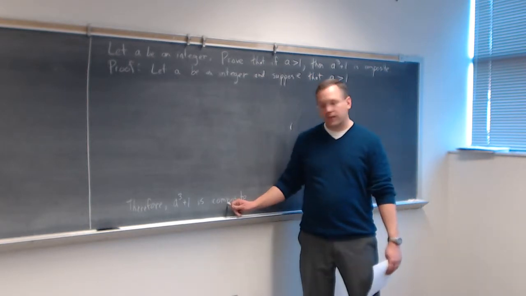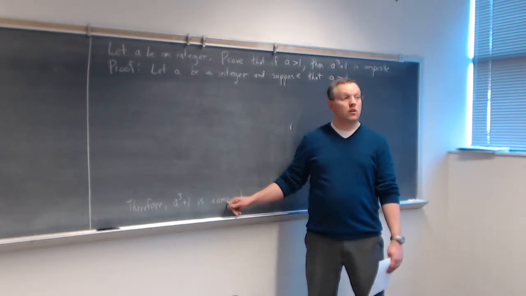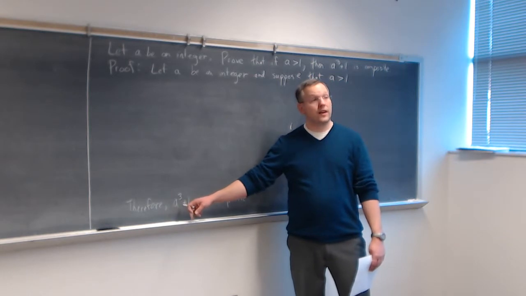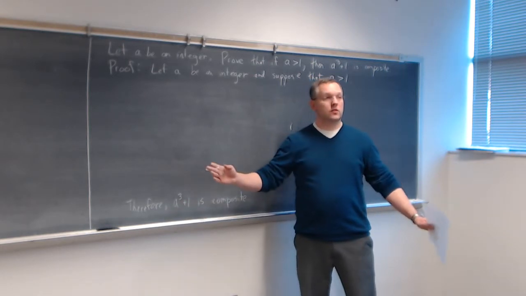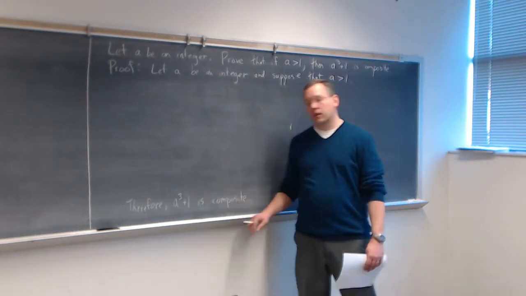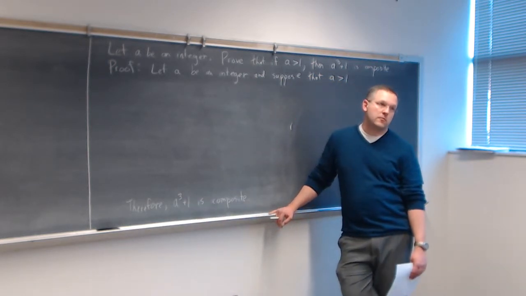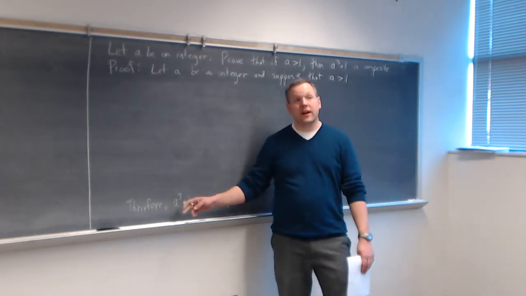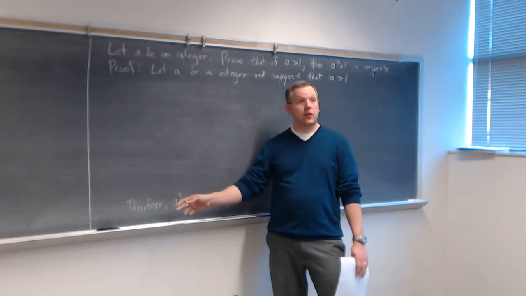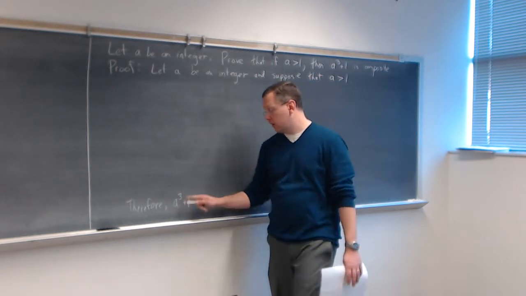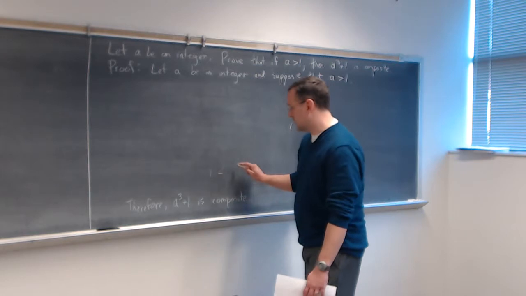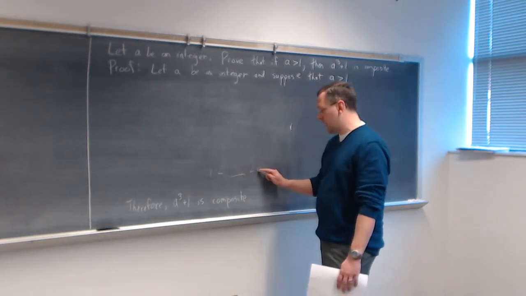Our definition is there's a divisor of a cubed plus 1, and not just any divisor. The divisor has to be between 1 and the number itself. So 1 is less than some divisor, which is less than a cubed plus 1.